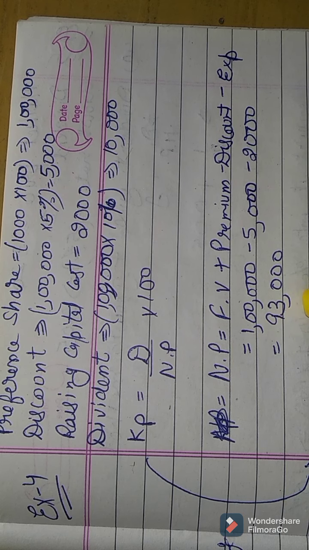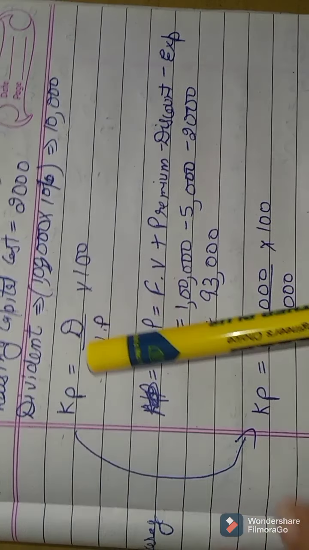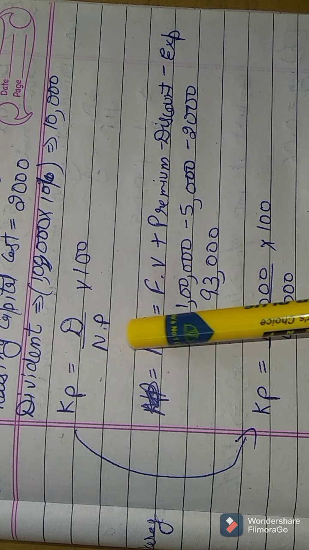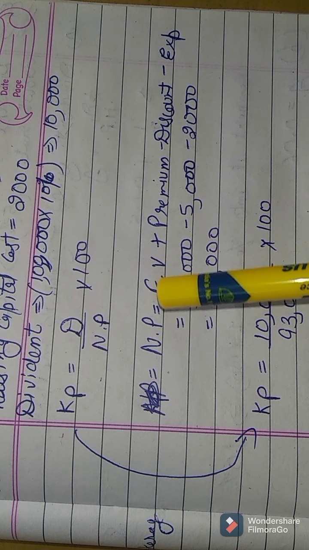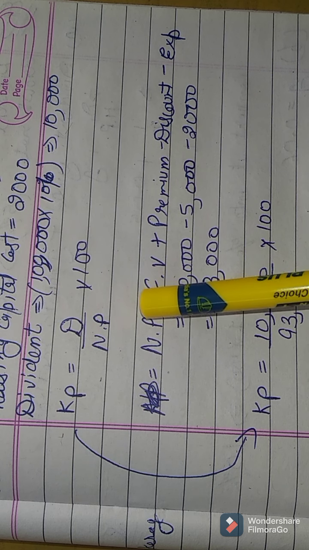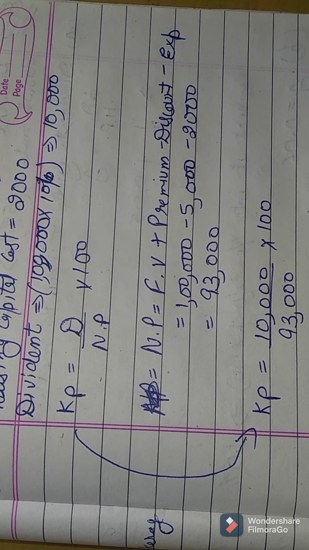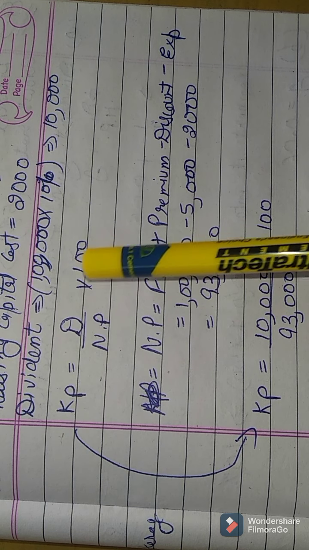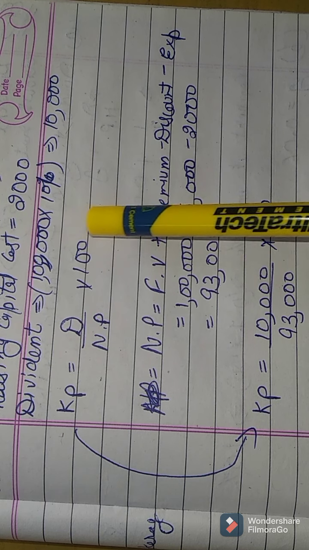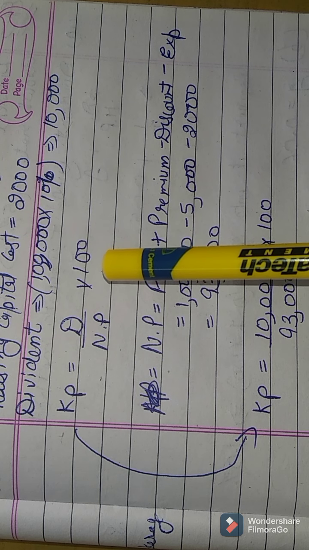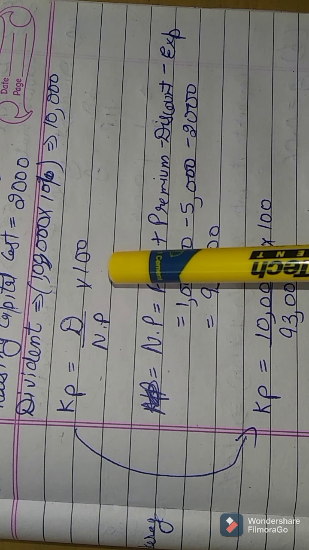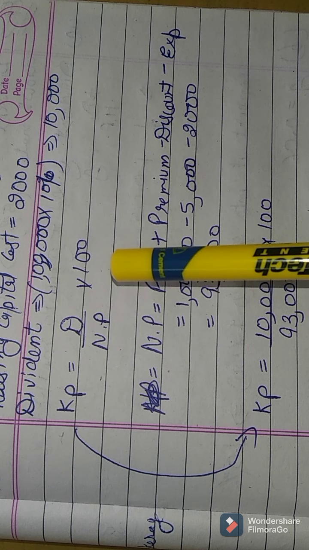Now we can put all these values in the formula. Formula is dividend divided by NP into 100. If the question gives information related to tax, then there is no need to add 1 minus T, because preference share cost of capital is always calculated after tax.